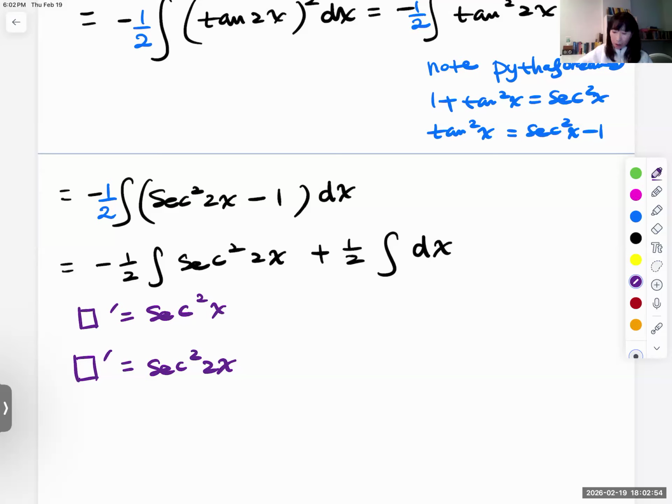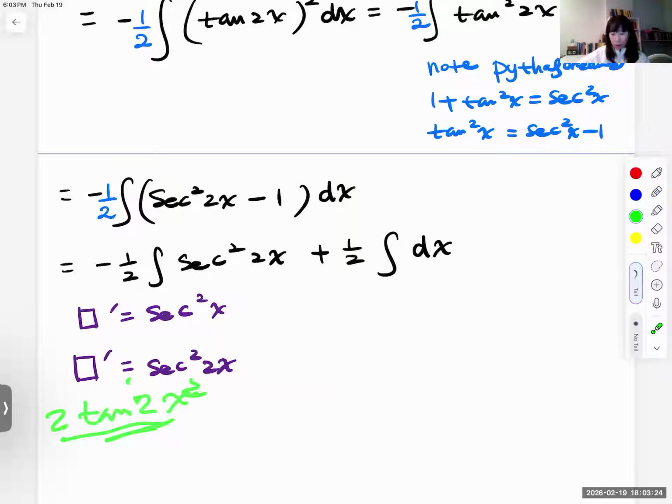Okay, then tan x derivative, then secant square x. Then tan 2x derivative and times 2, right?